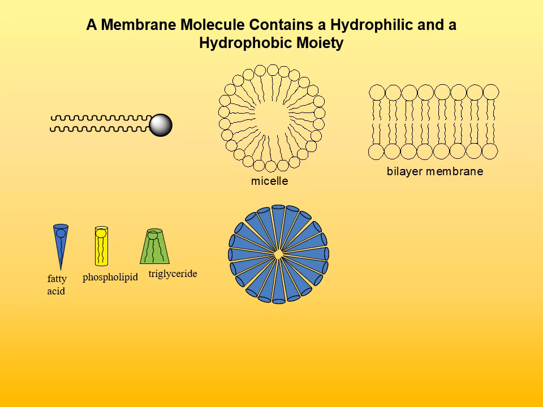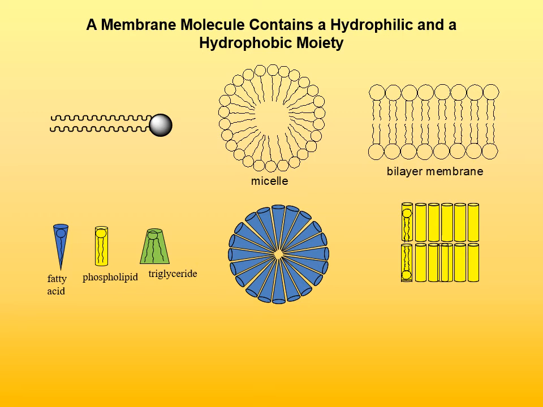And so that's the most efficient assembly. On the other hand, phospholipids form bilayer membranes simply because they cannot form micelles. So they form the next most stable structure, which is the bilayer membrane. And finally, triglycerides have three large hydrophobic tails and are not capable of forming any regular structures in aqueous solutions.